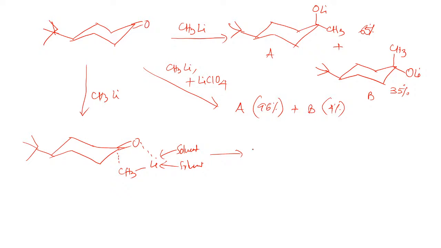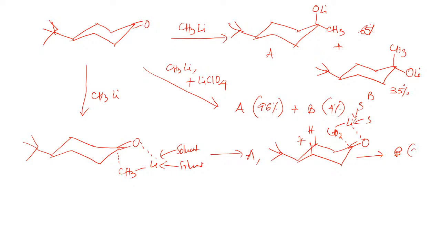So in this case you get A. For the axial attack, you understand there will be some interaction between this axial hydrogen and this methyl, because this coordination is there, so you get B in less amount. B is 35%.